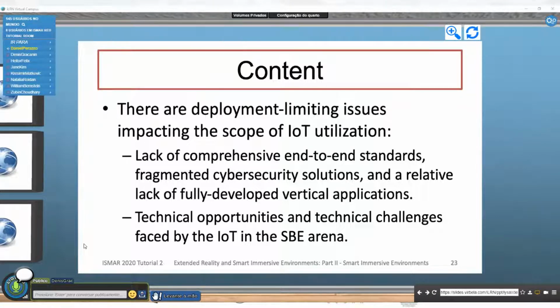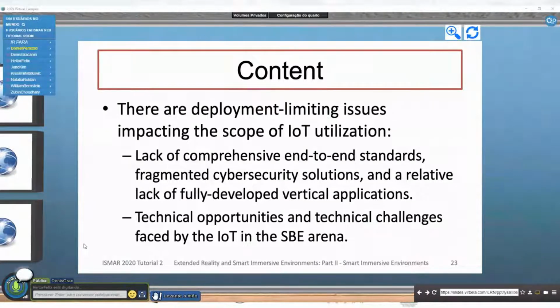If you look at some recent IoT-related conferences, vertical integration is a fairly important topic. On top of that, there are some other technical challenges, but also technical opportunities, faced by IoT systems when used in smart building environments.